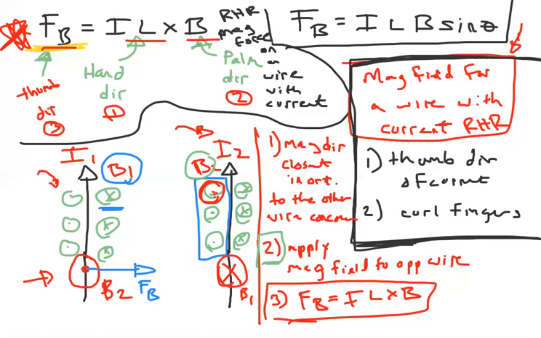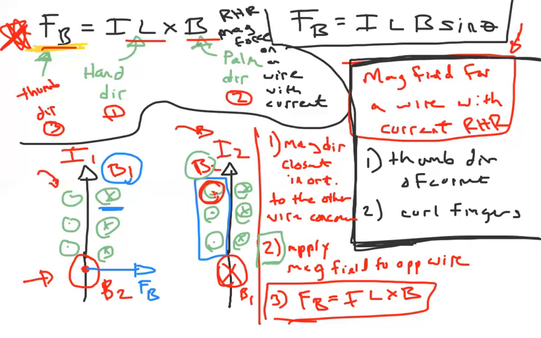All right, now for I2, what's going to be the direction of FB? So go through all the rules. I'm letting you do it on your own now, but we'll do it together. We're getting to the left.